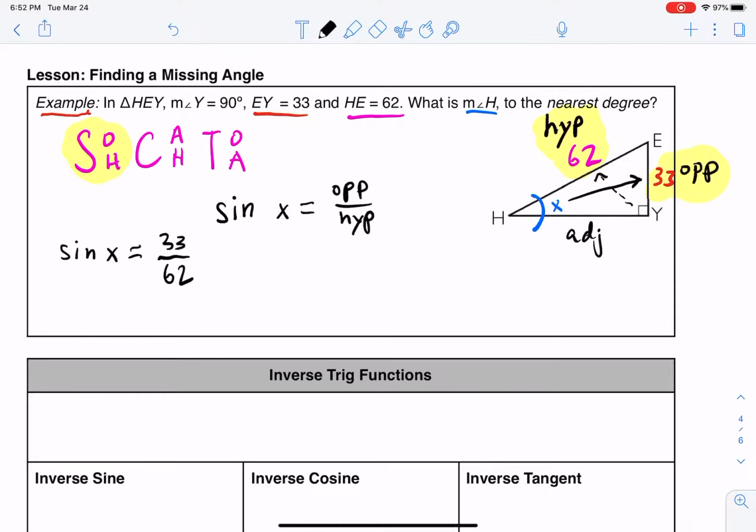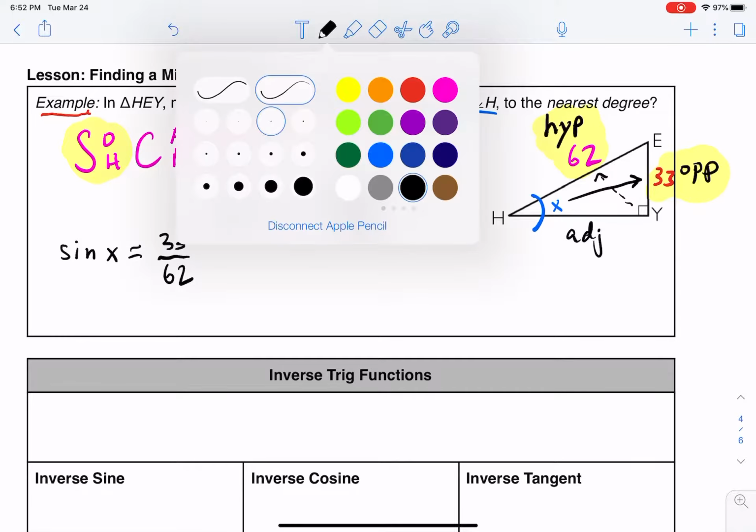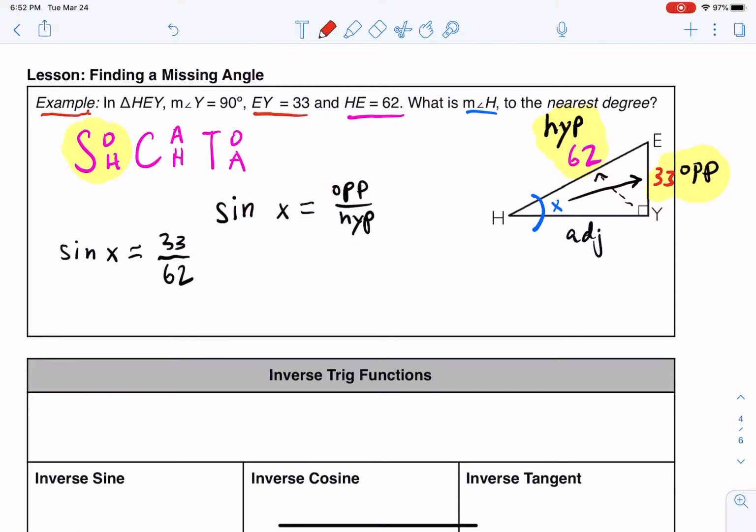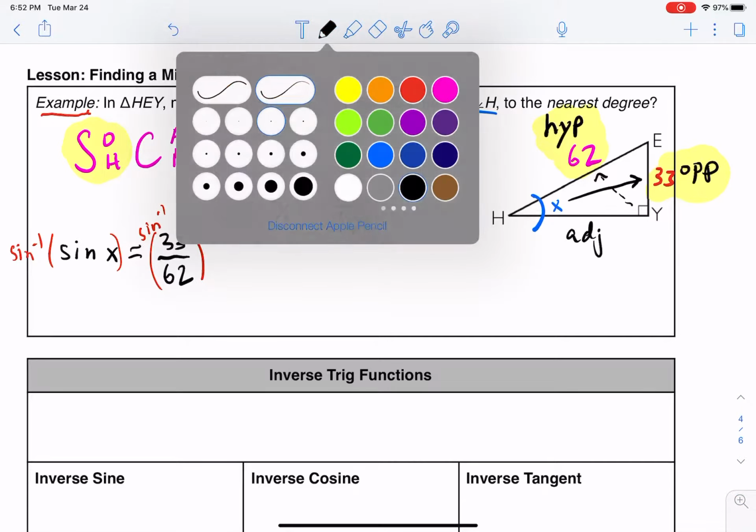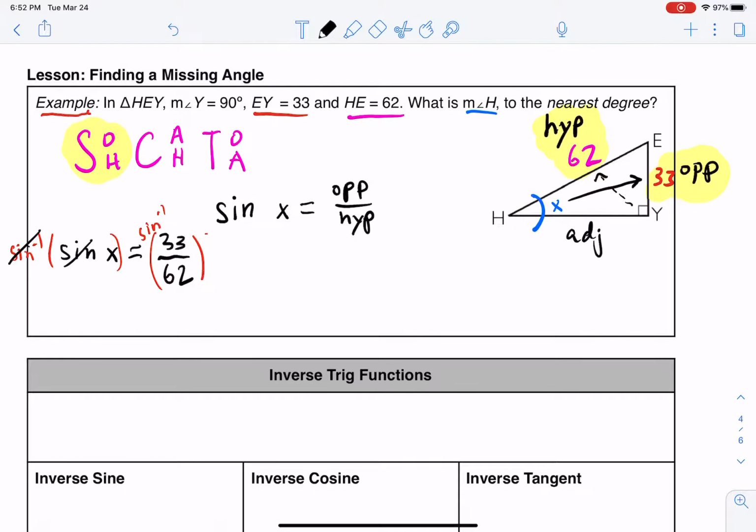Okay, so to solve this now, or to undo the sine, what I'm going to do is take the inverse of sine. So remember, that's sine to the -1. So I'm going to do that to both sides. Sine to the -1 here, sine to the -1 on this side. So on the left side of the equation, that's going to cancel out my sine. And on the right side, I'm going to have x equals sine to the -1 of 33 over 62.